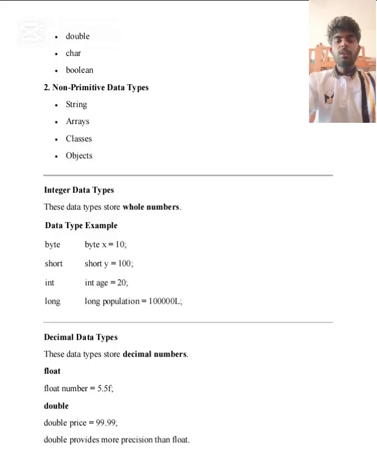Here 5.5 is stored using the float data type and 99.99 is stored using the double data type.